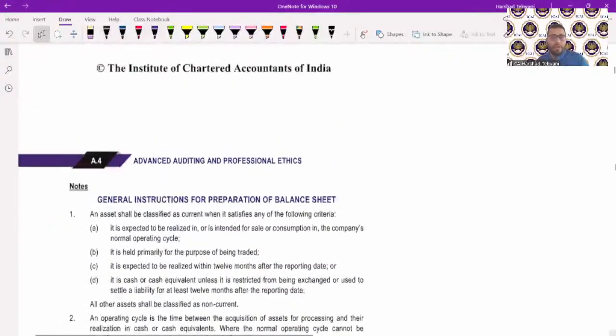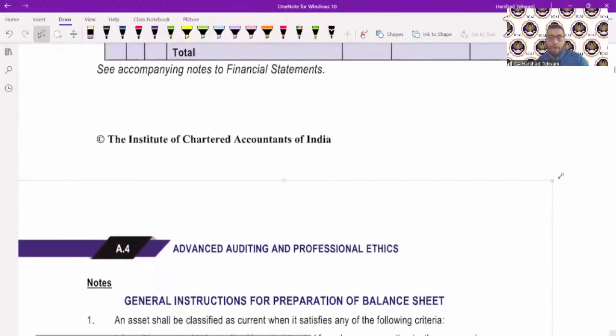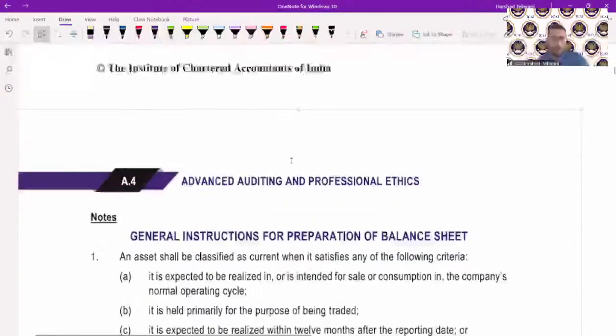Now, first of all, the question that comes here is, what is current and what is non-current? How do you identify which is current and which is not?